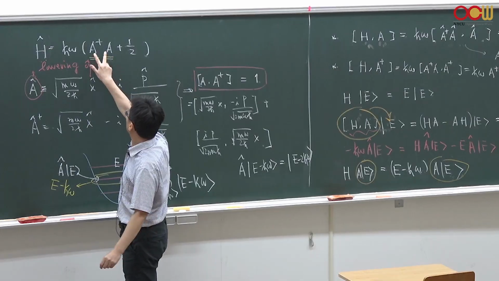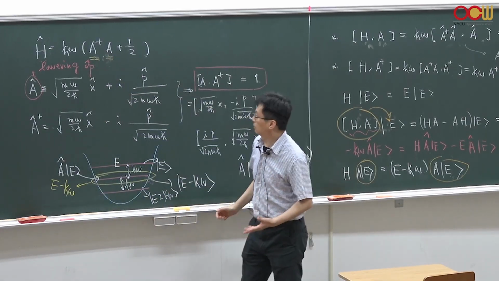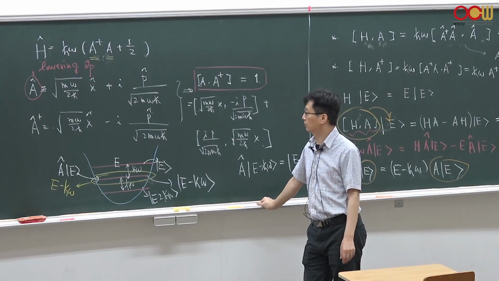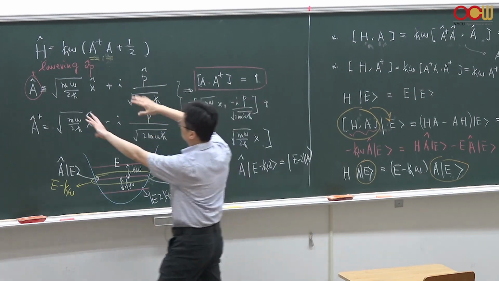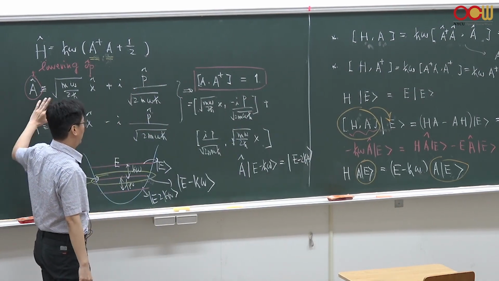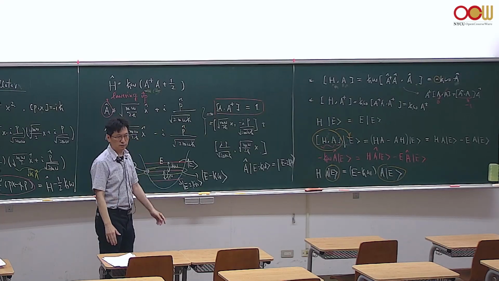So this combination, A dagger times A, is a very simple way to re-express the Hamiltonian of the harmonic oscillator, and then you just try all these commutation relations between A and H, and A dagger and H, and then this is what you discover.